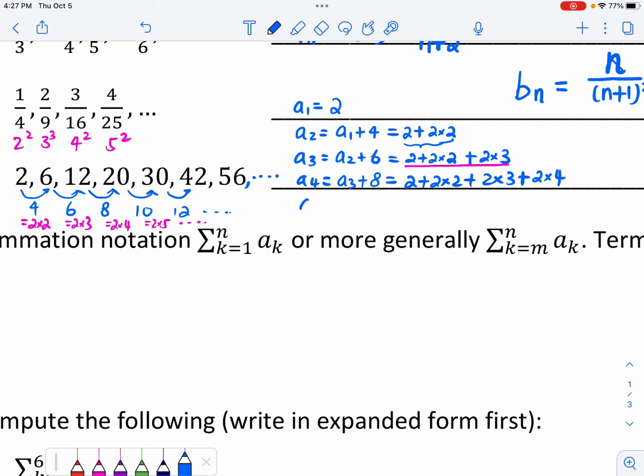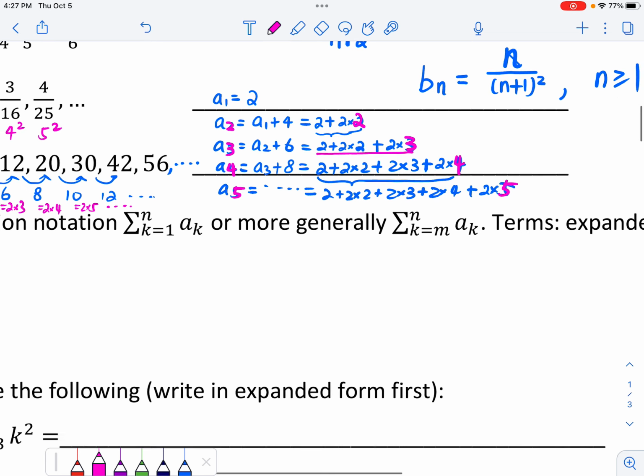So the pattern is, A5, without doing any derivation, I know it's going to be this whole thing: 2 plus 2 times 2 plus 2 times 3 plus 2 times 4 plus 2 times 5. You see a nice correlation there, right?